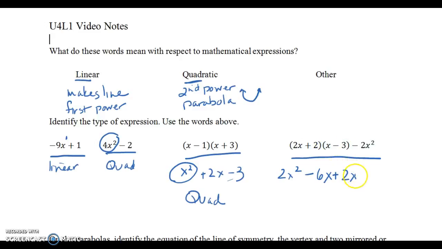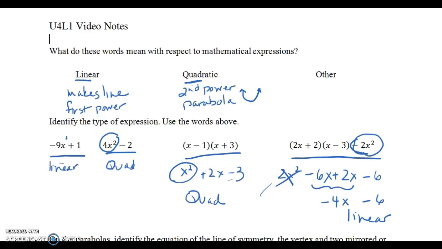And 2x times negative 3 is negative 6. Combine our two inner terms to get negative 4x. But this negative 2x squared at the back end cancels out with the 2x squared that we calculated. So all that's left is negative 4x minus 6. Since that's what's left, that becomes a linear term. Okay, any questions? Bring them to class.